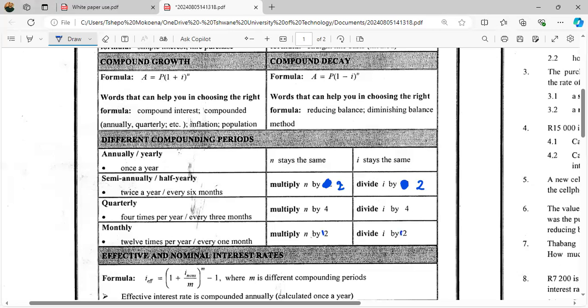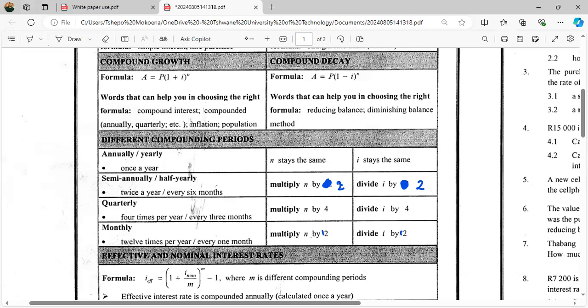Then when they say compounded quarterly, it means your money will earn interest 4 times per year, every 3 months. How many quarters are there in a year? We have 4 quarters, which is like term 1, term 2, term 3, and term 4. You understand?